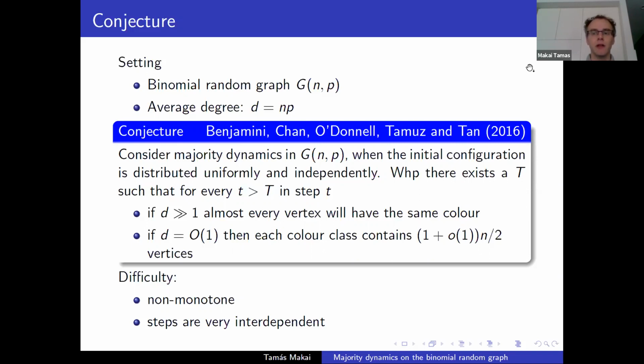So already to establish what the colors are after the first step, we have to expose the initial color of every vertex. And in addition, we have to expose every edge in the graph. This means that there's basically no probability left for the later steps.